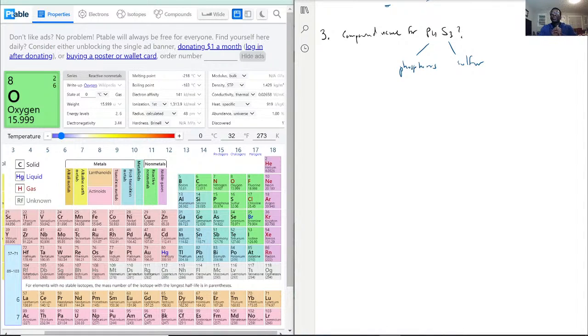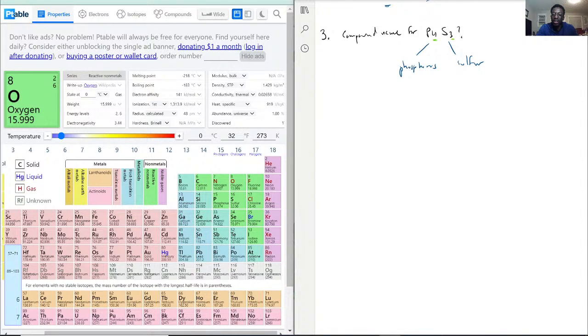Okay, so now, based on your naming rules, what type of compound do we have? I know you can't answer, so I'll say it: this is a molecular compound. This is not an ionic compound. Why? Because these are two nonmetals bonded with each other. And when there are two nonmetals bonded with each other, you have to specify these subscripts.